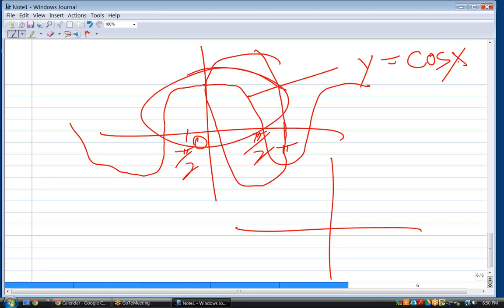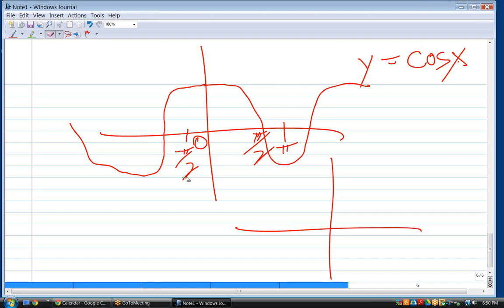And when I flip that, I'm not going to have a function. So if I want to keep it as a function, then I have to restrict its domain. In the case of cosine, they restrict it from 0 to pi, in other words, this part right here.